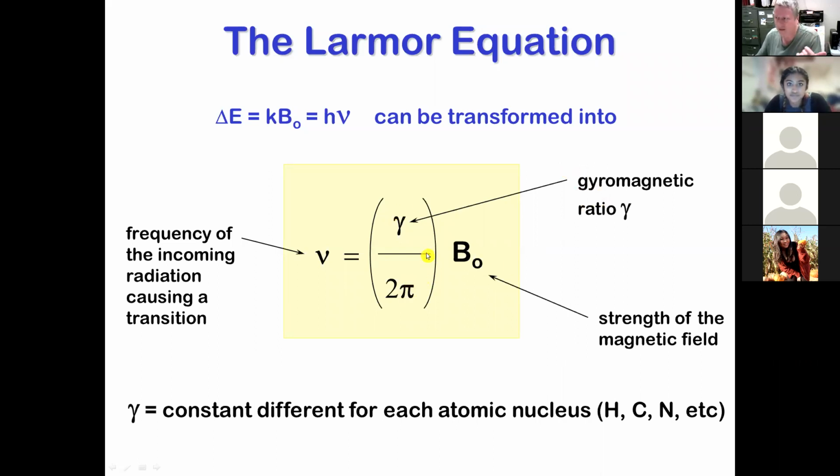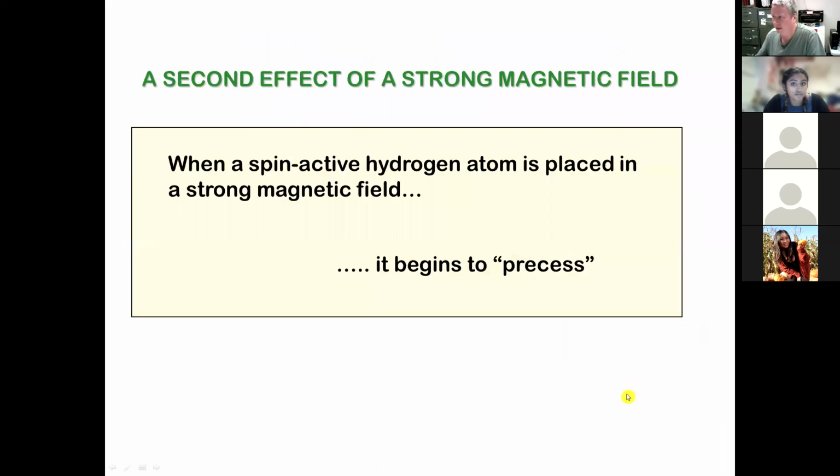So this is all a constant. The basic idea is the frequency is related to the magnetic field strength, which I've said a few times now already. This gamma constant is just related to the different types of nuclei, proton or C13, etc. Another effect of a strong magnetic field.